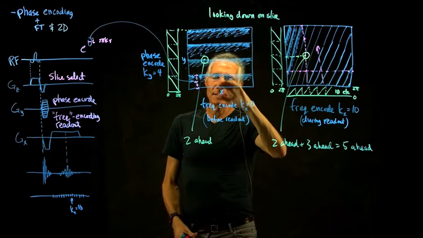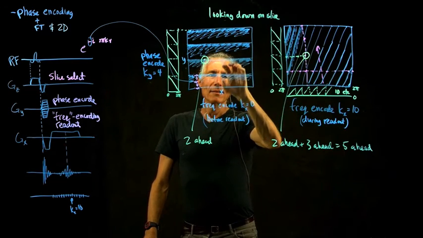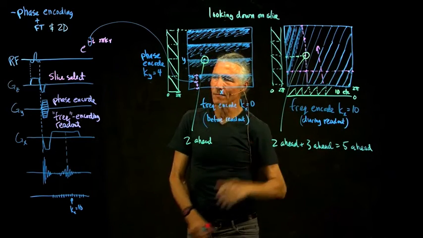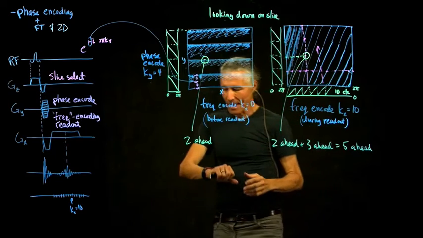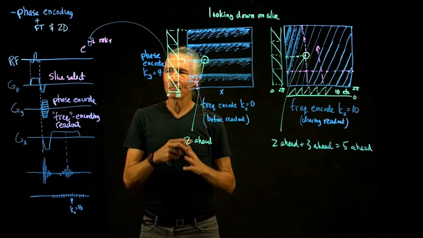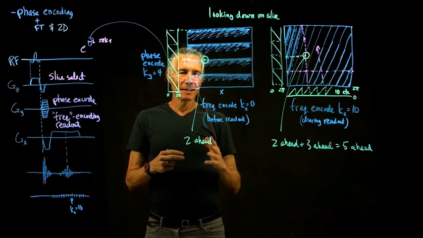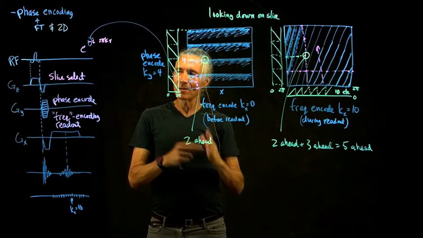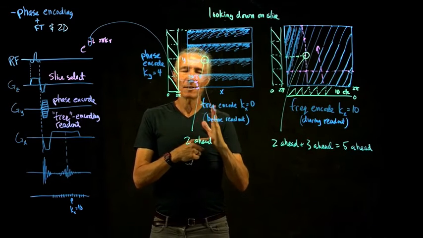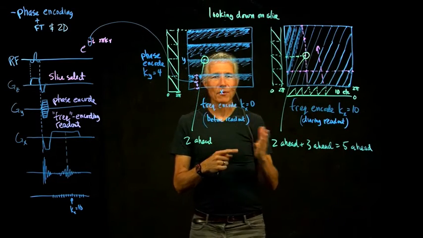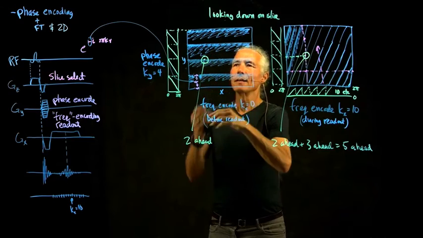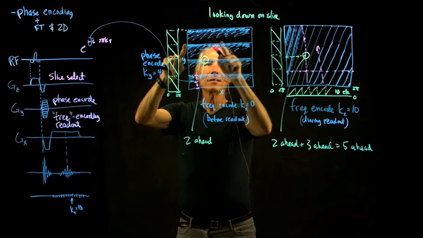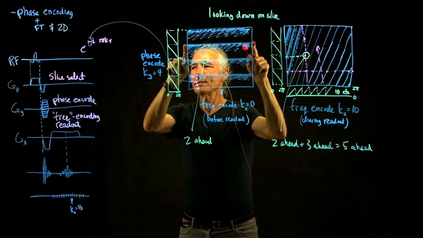You can clearly see that we're doing exactly the same thing in phase encoding and frequency encoding. We're just stamping on stripes, and the only difference is what direction we're doing it. The reason we can get away with doing 2 phase encode directions is strictly because they're perpendicular to each other. As long as the gradients are perpendicular, if we go back to this picture and move in the x direction, we don't see any spin stripes here.